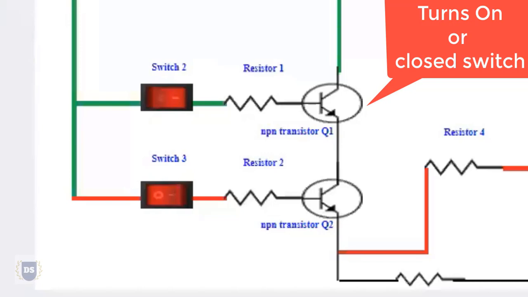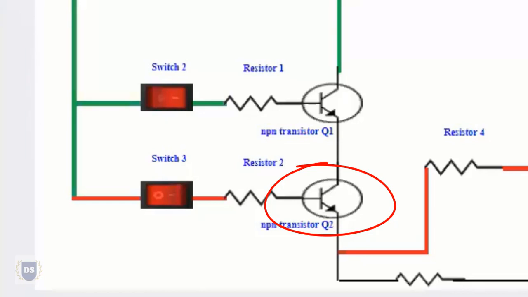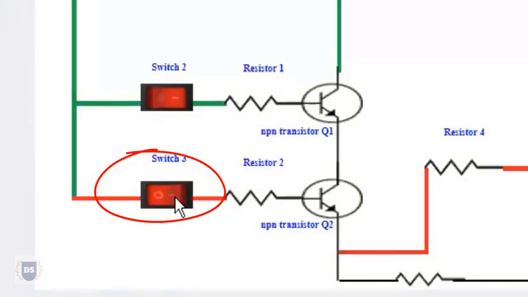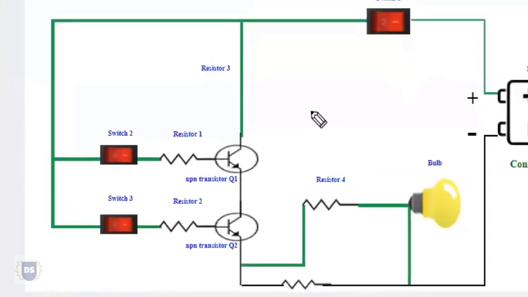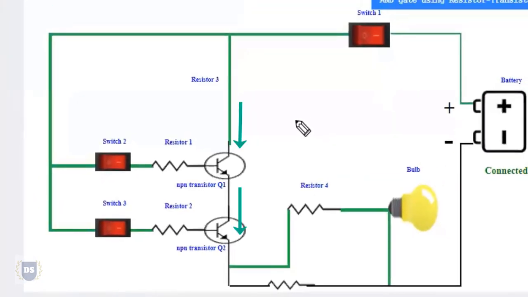But I still have the other transistor Q2 operating in the cutoff region, so it's still as good as an open switch. Only when I turn on switch number 3 can I have current flowing via the base of transistor Q2, which shifts the Q point from the cutoff region back to the saturation region, making this transistor a closed switch. Only then can I have this entire current flowing via this path.